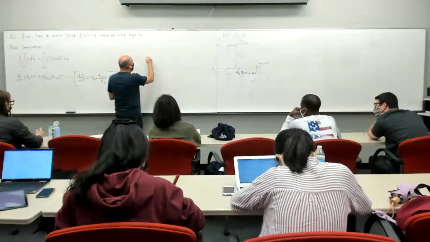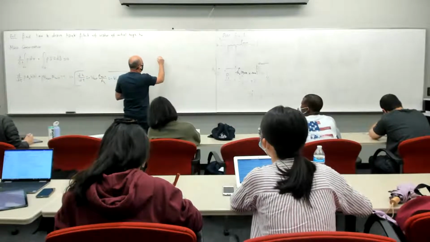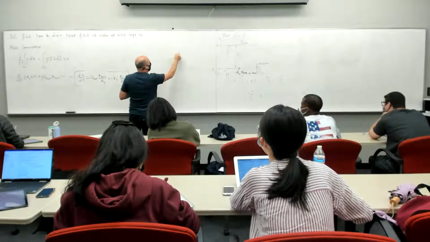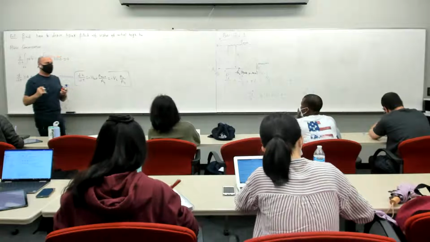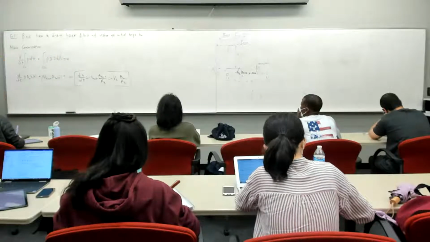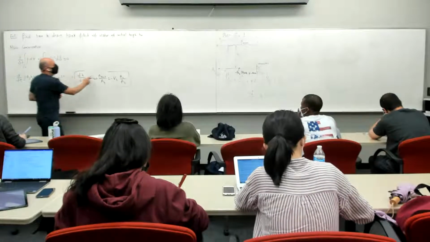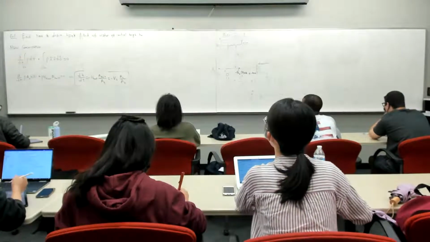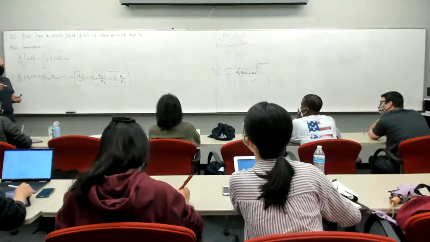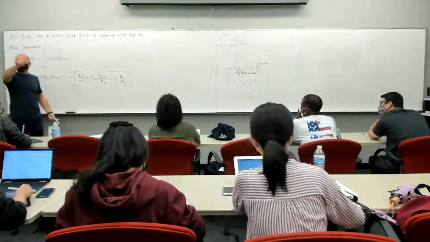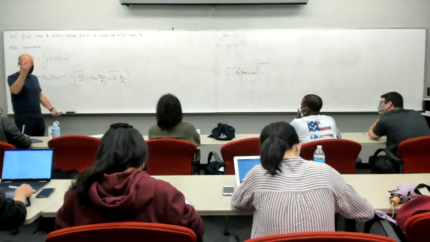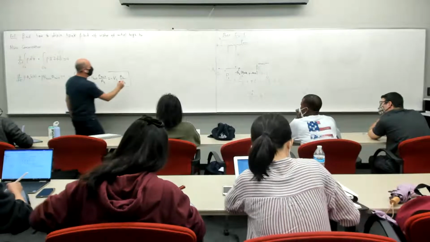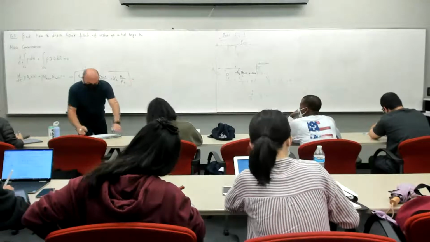So V2 from Bernoulli is square root of 2g h of t, because for any height h, that's the exit velocity. So now we have h of t and h of t, and we have a differential equation for the height. We solve for the height h of t, and then we find t when h is 0. That gives you the t end. So that's the plan.